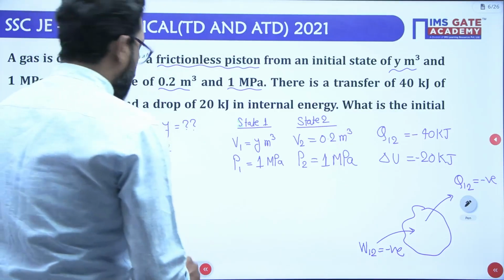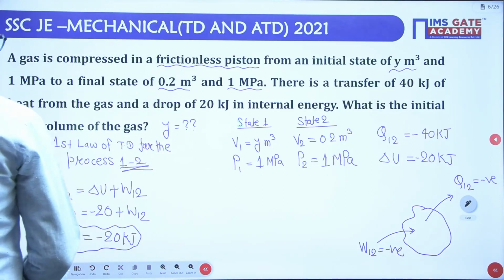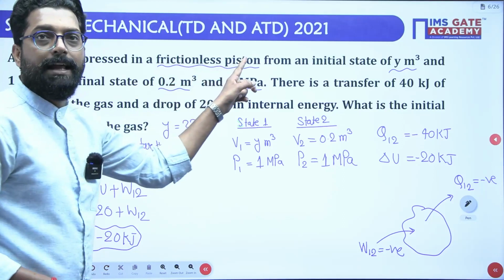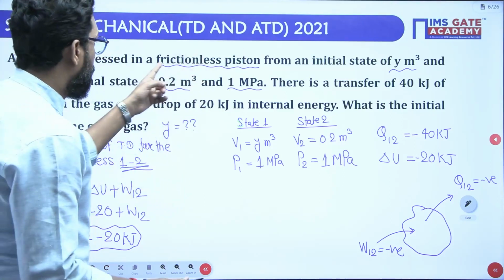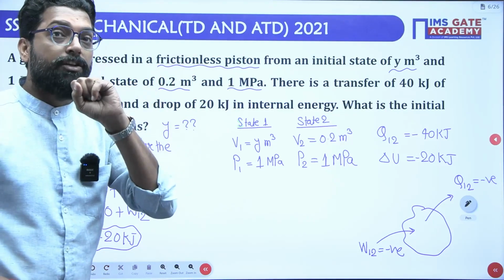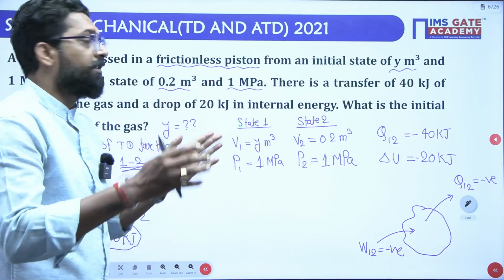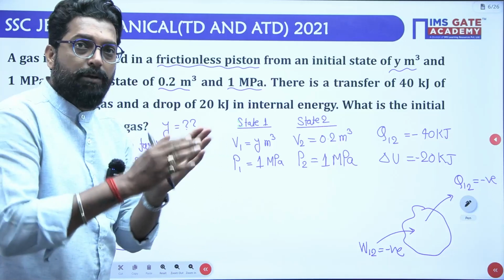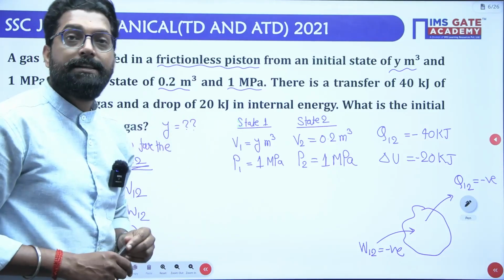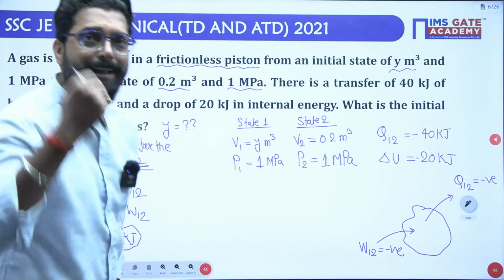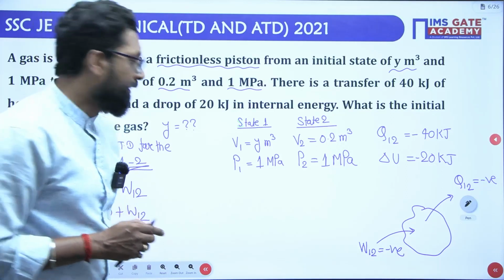Now, if decrease, so you have a work. Now, my dear, this is frictionless. That means the work is very important information I am telling you. Very important. What is the meaning of frictionless piston? That means what is the meaning of the piston being displaced frictionless? That means it is internal reversible.